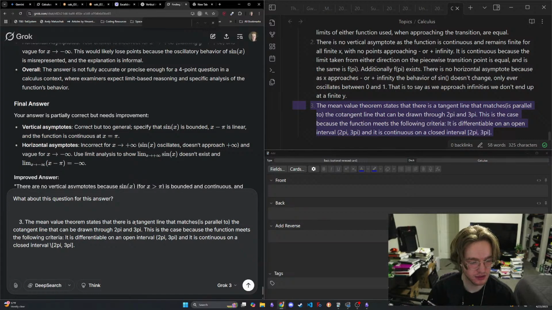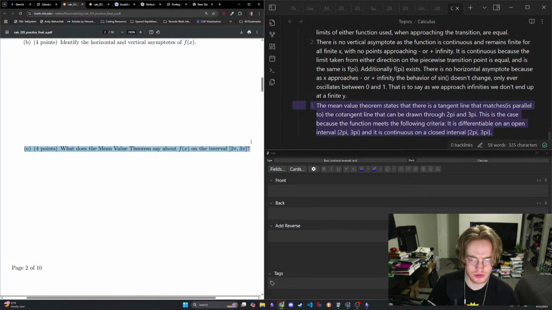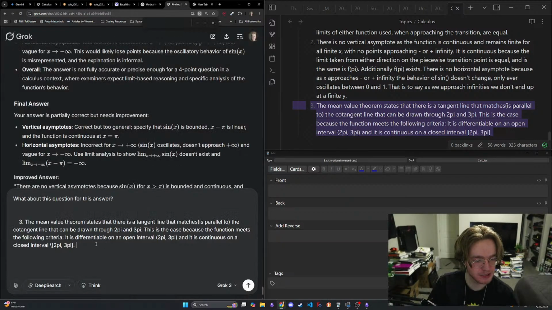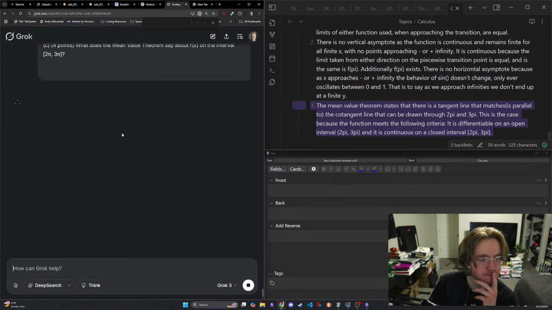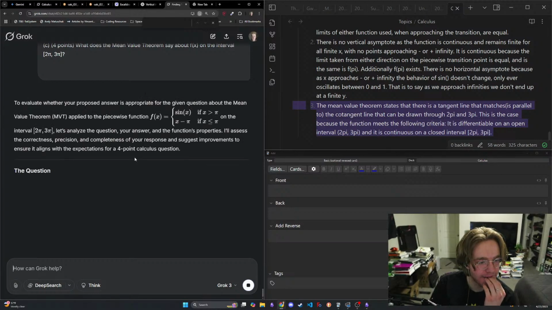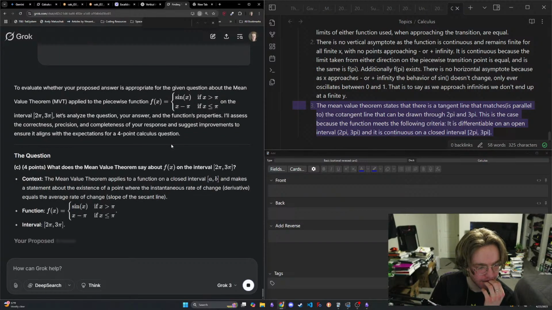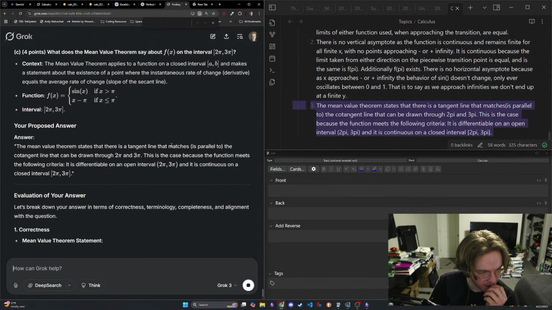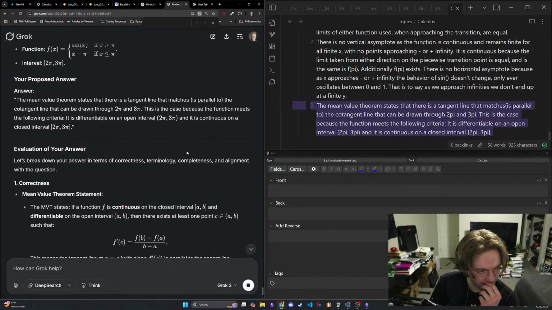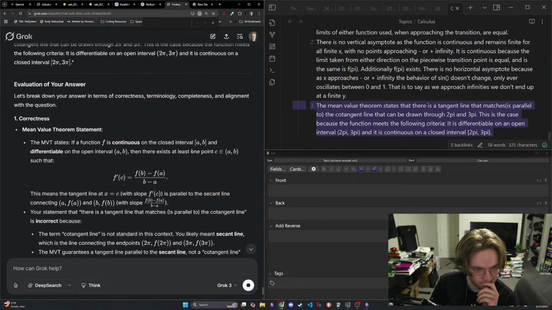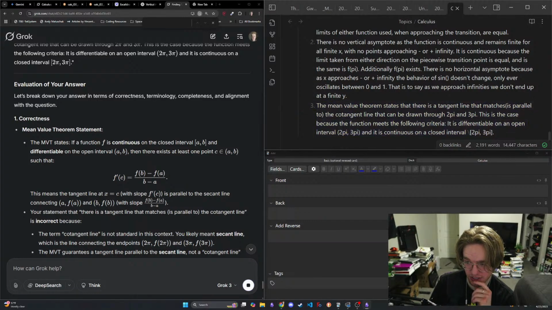Exists. Oh, there is a tangent line. That's fine. Oh, shoot. I said cotangent line, not the secant line.